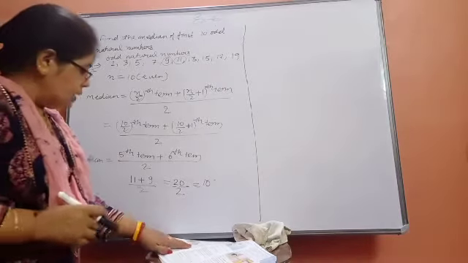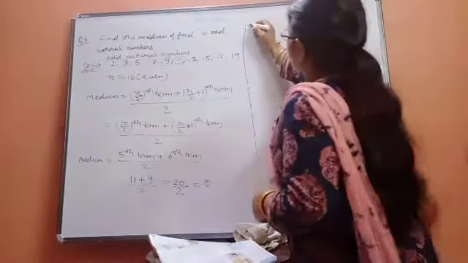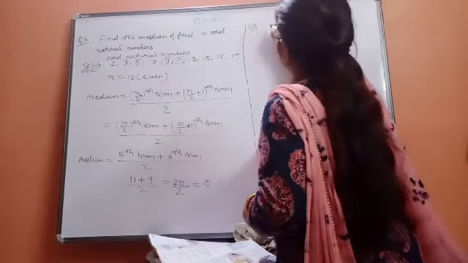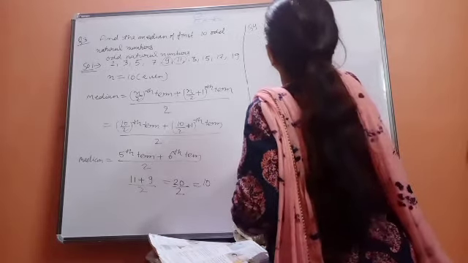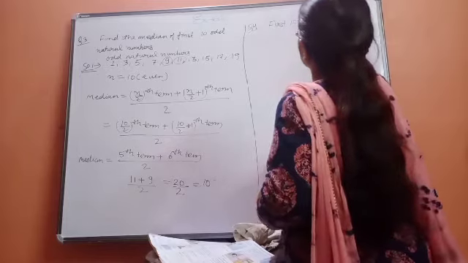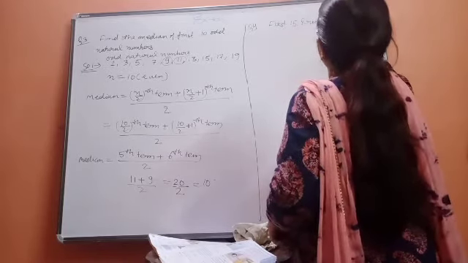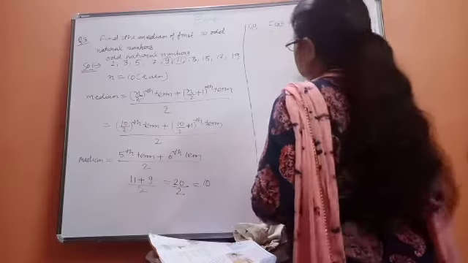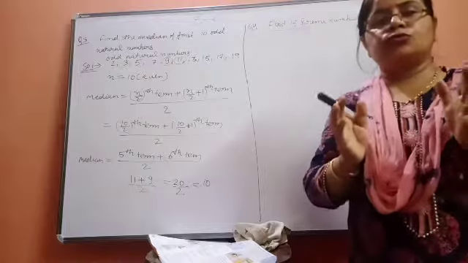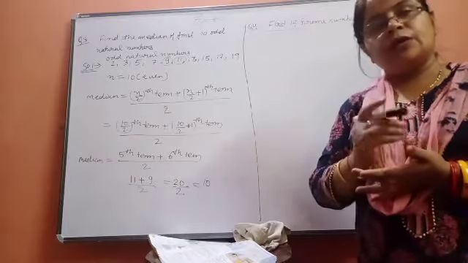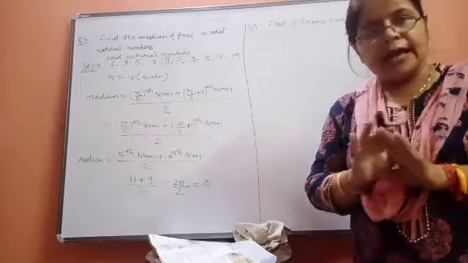Find the median of the first 15 prime numbers. First of all, again, whenever prime numbers come, I am repeating what prime numbers are. Prime numbers are those numbers which come only in their own table, meaning those numbers do not come in any other table.